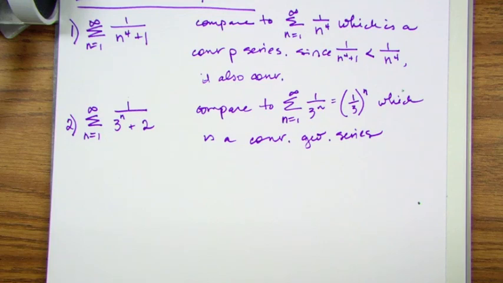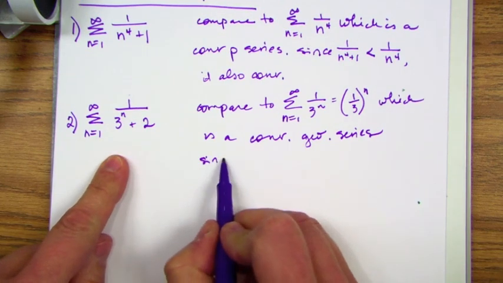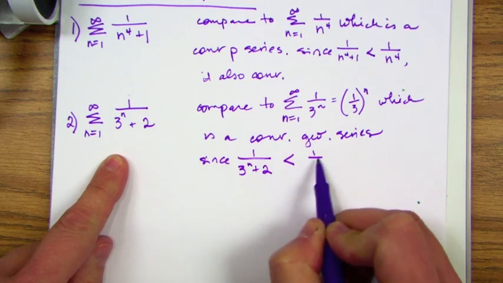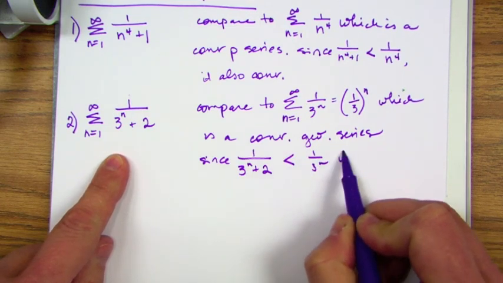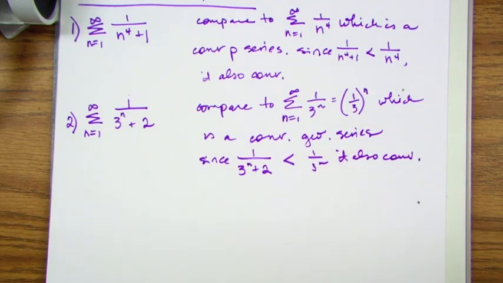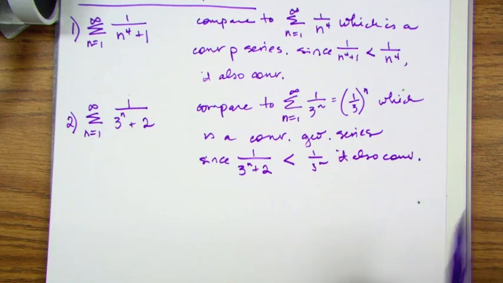Well, because that converges, since 1 over 3 to the n plus 2 is less than 1 over 3 to the n, it also converges.